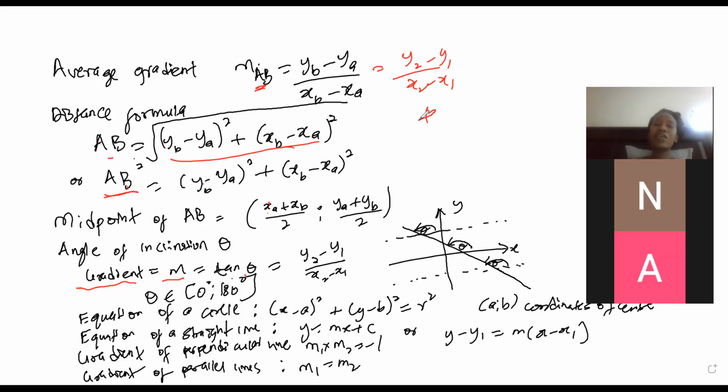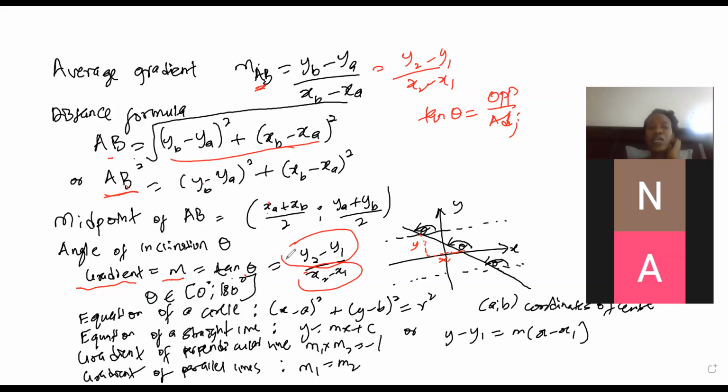Remember, if you remember your grade 10 and grade 11 trigonometry, tan theta is opposite over adjacent. So if you had a line here, your opposite will be the y value, your adjacent will be the x value. So that's why you have change in y over change in x. So the gradient is tan theta.